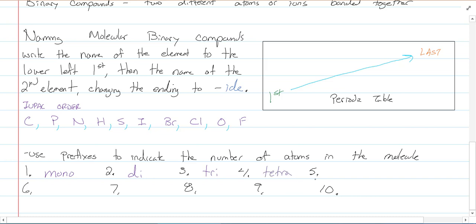Hexa. Hepta is the one that a lot of us are familiar with. Octa. Nona, N-O-N-A, is also not what I put, N-A. Nona, it's a different language. And then deca.